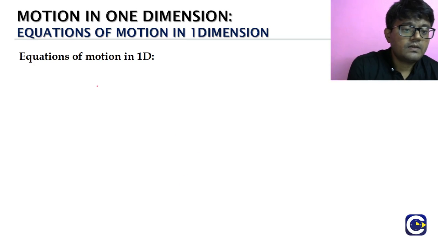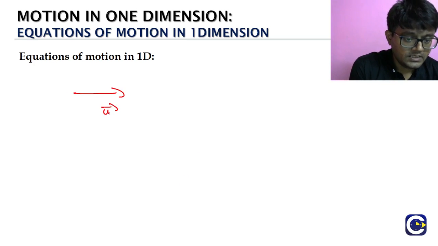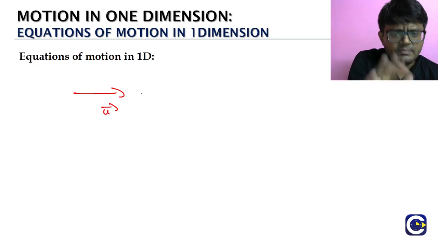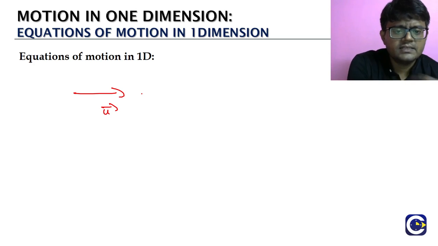First, when we say one-dimensional motion, let us say the initial velocity of the object is along a particular direction. It need not be a horizontal straight line, but it will be a straight line, so let us consider it to be horizontal.